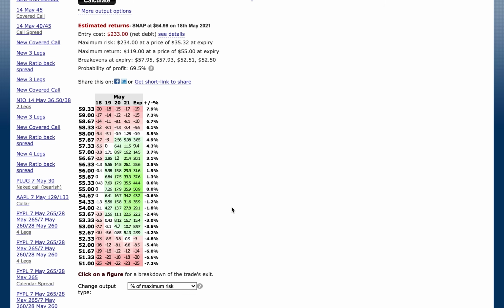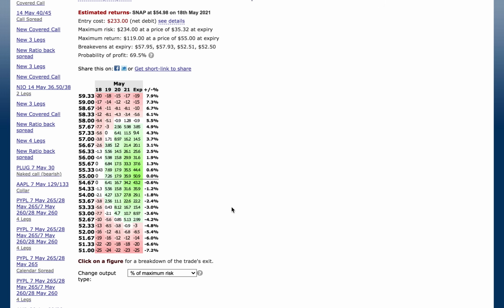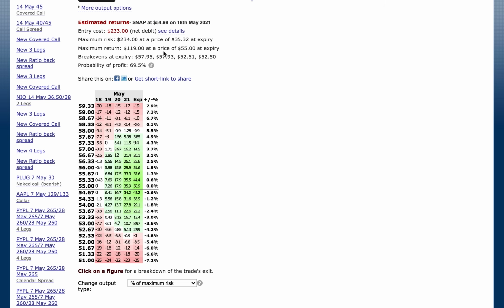If we take a look at this chart, we can see that, as we mentioned before, we want this stock to trade sideways, but it can be modestly bearish or modestly bullish. It can go up a little bit, it can drop a little bit, and we're still going to make some money. But our max return will happen at a price of $55 on expiration. And that's not just a random number.